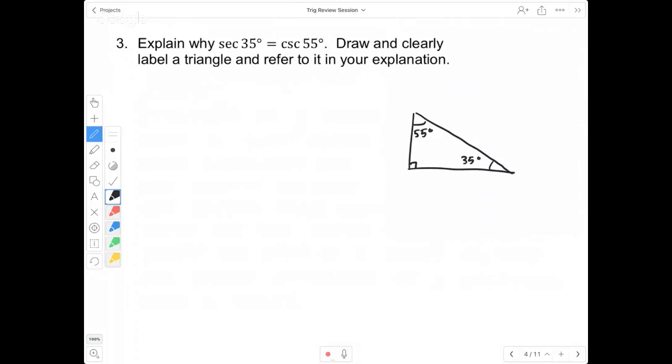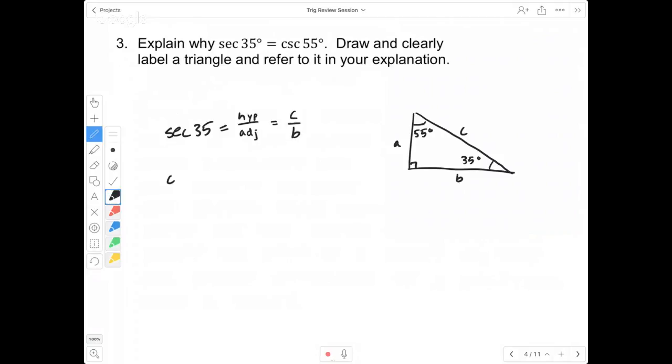This triangle has sides A, B, and C. And then the secant of 35 is the hypotenuse over the adjacent. So the hypotenuse is C, and the adjacent to the 35 is B.